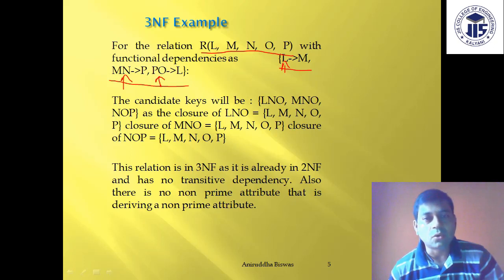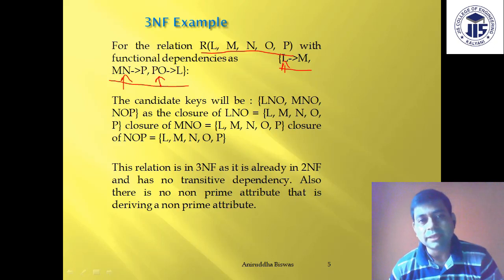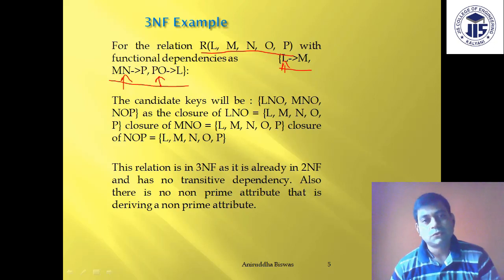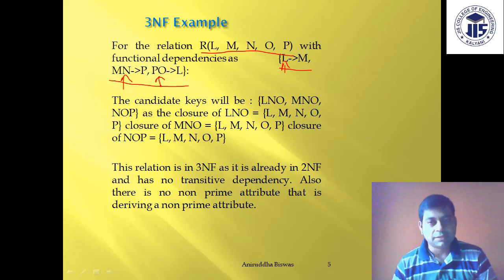Whatever is there, if we combine all the attributes together, they are all part of the super key. So the super key is the combination of all determinants. So L, MN, PO, all these attributes present in the relation R are actually the super key sub-parts.